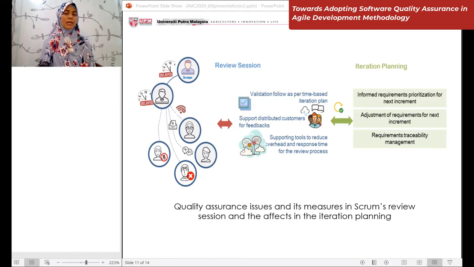So by looking into these three main measures, perhaps the iteration planning can proceed smoothly, whereby informed requirements prioritization for the next increment can be identified in the decision making process, and then the adjustment of requirements for the next increment is manageable, and also requirement flexibility management can be done.